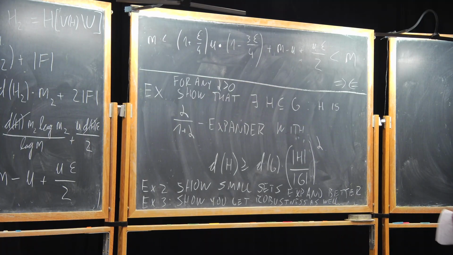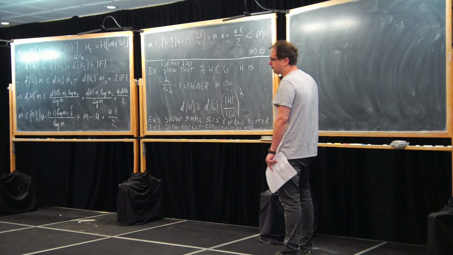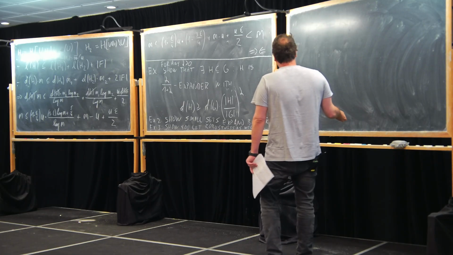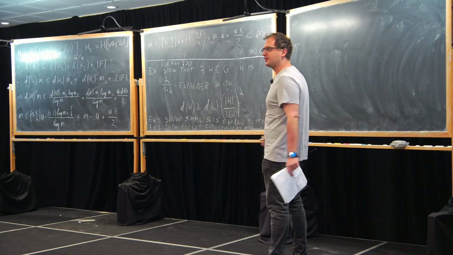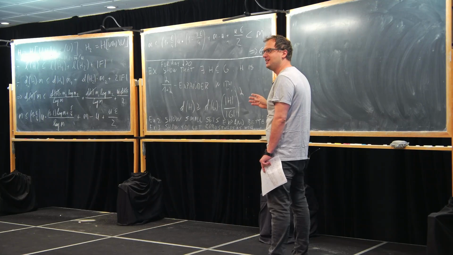Okay, so the application I want to mention is something that was actually the origin of all of this. It's a result which was independently proved by Bucić and Thomason and Komlós and Szemerédi in the 90s. There is a funny story about it: in about 3 weeks, there were 4 papers in the 90s improving the same result.